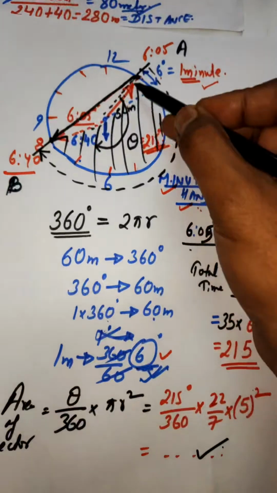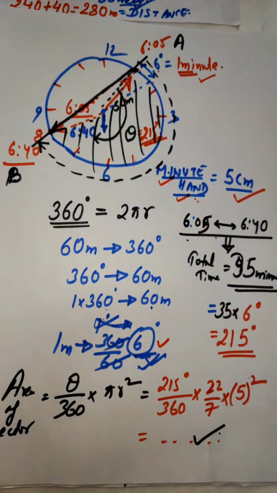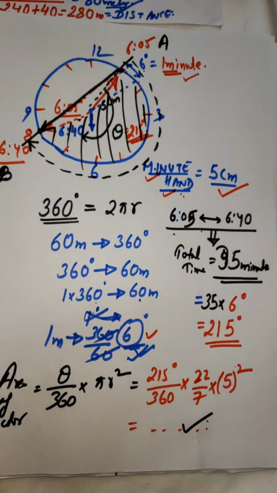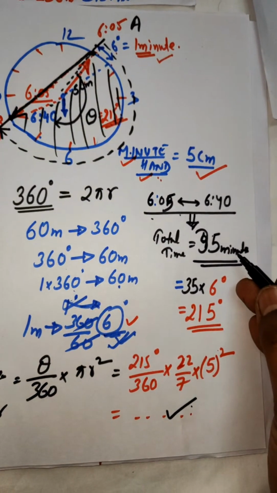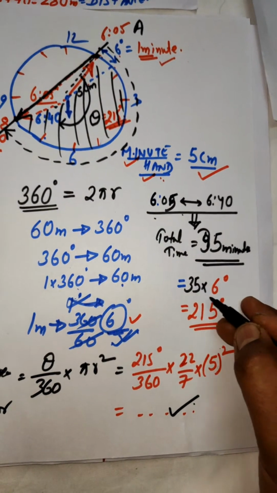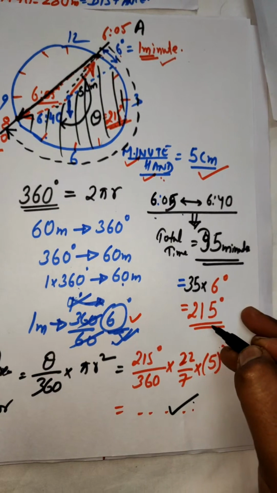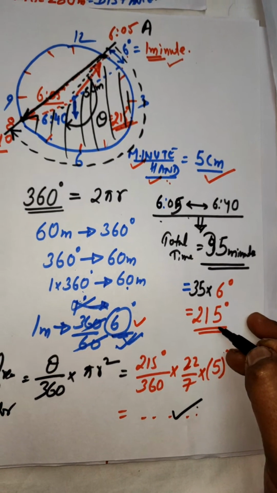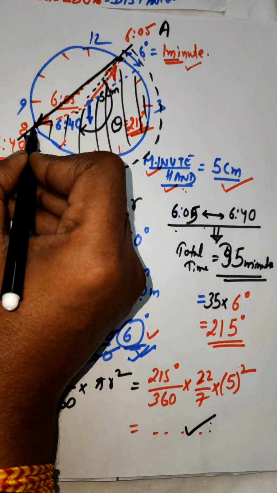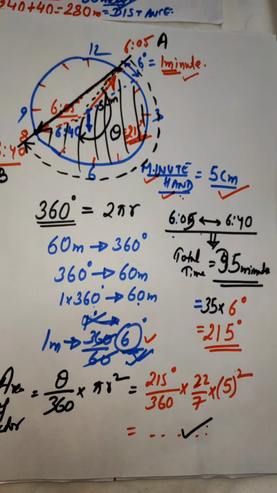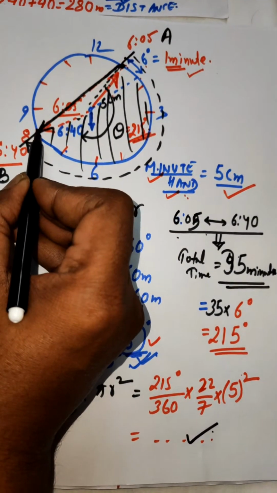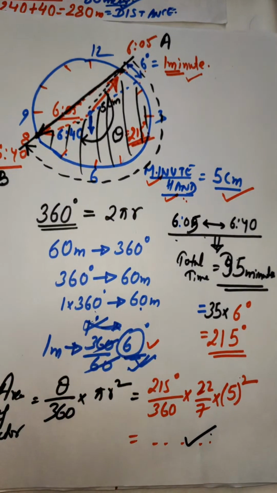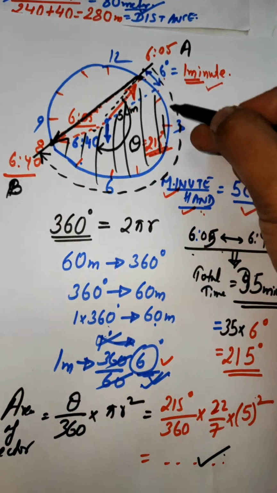So from here to here is 35 minutes. In 35 minutes he will be covering 35 into 6, that is 210 degree. So the position of that particular person when he reaches B will be here, and this is the distance.